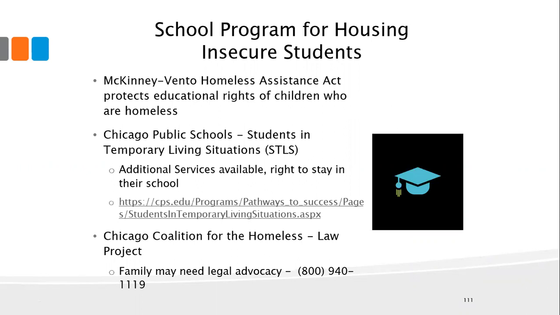If they need assistance, they can call 773-553-2242, but that link would provide that number as well. Families can receive supports for immediate school enrollment, transportation, tutoring, school fees and supplies, free school meals, and even low cost or free medical referrals. Next slide, please.